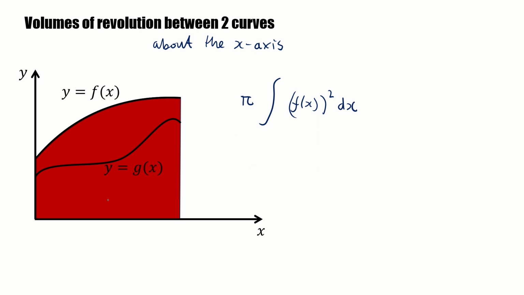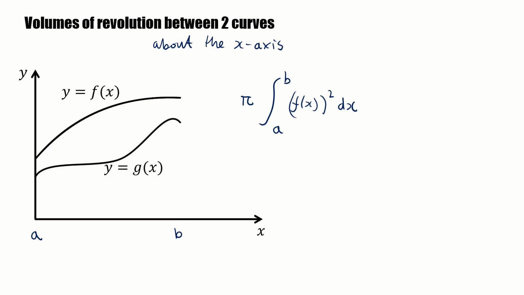It's also worth pointing out we should have our limits. Admittedly, from the way my diagram looks, it looks like the bottom limit should be 0, which would be the case, but let's be more general and just say it's starting horizontally at x equals a and finishing at x equals b, so my limits would be a and b.